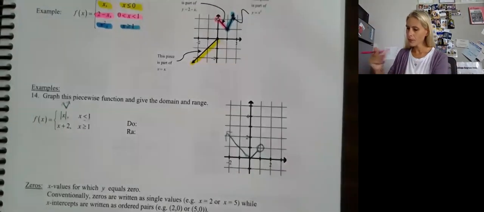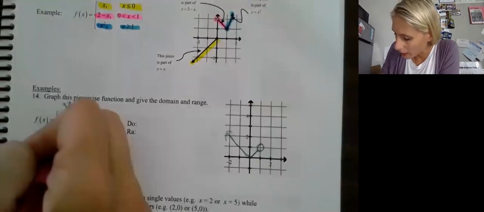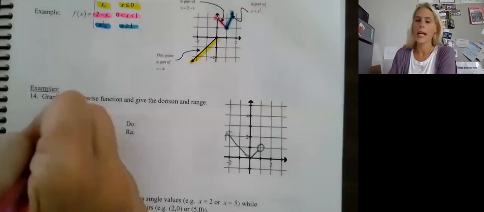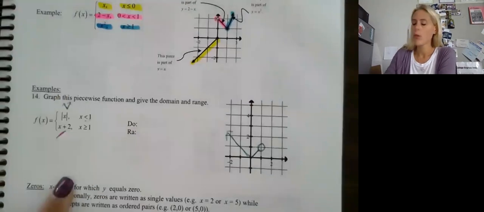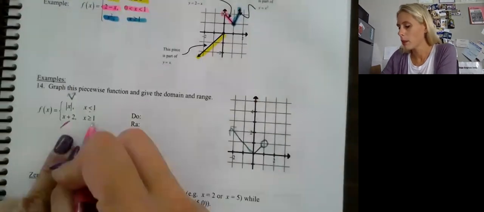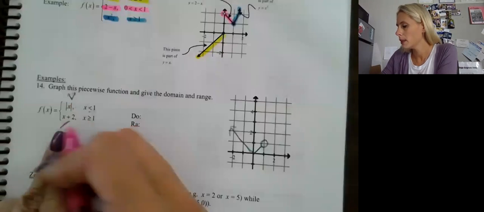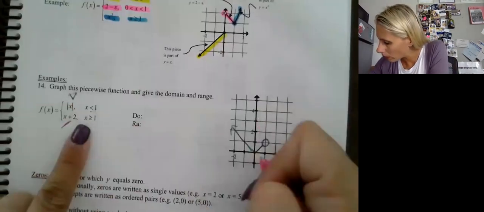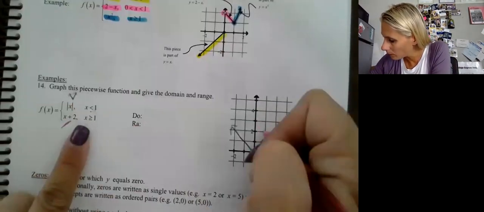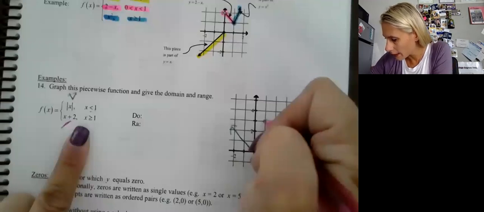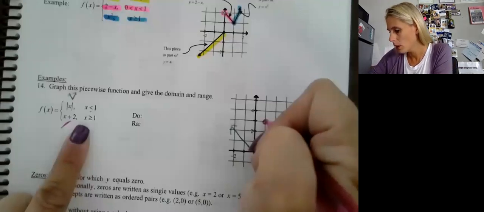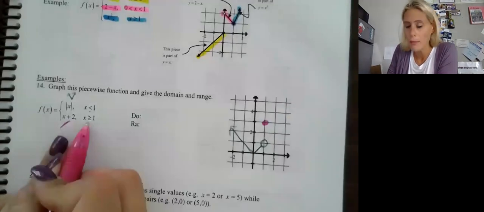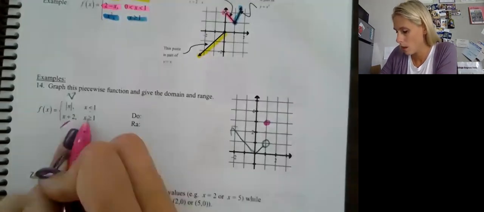Now, here is linear, right? x plus 2 is linear. So I know I'm going to start at 1, so I'm going to plug that in. 1 plus 2 is 3. So at 1, I'm at 3. It's filled in because it's equal to. And I know I'm going to go to the right because it's greater than 1.